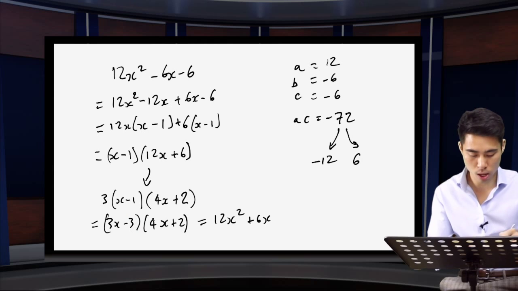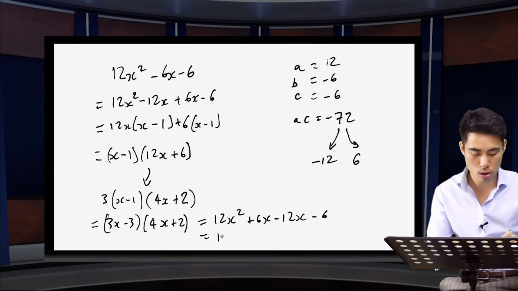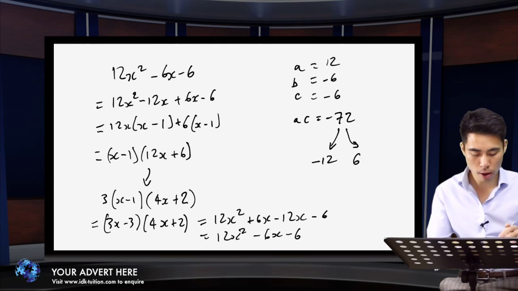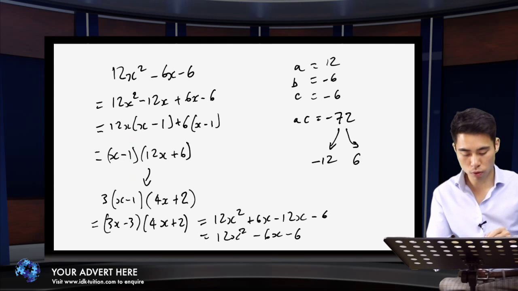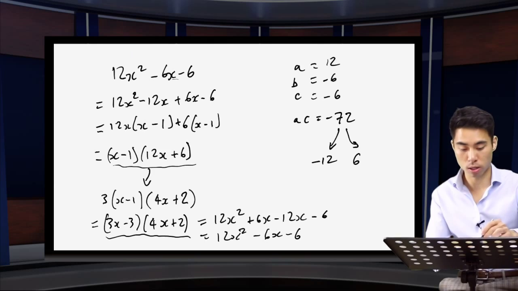Now working on the second term, minus 3 times 4x is minus 12x, and then minus 3 times plus 2 is minus 6, which does give me this original expression up here. So if you notice, I can factorise this original expression. This is in fully factorised form, and so is this. So there is more than one way of factorising the same expression.